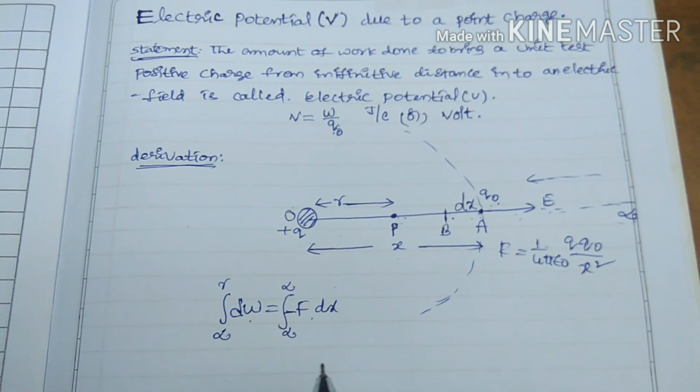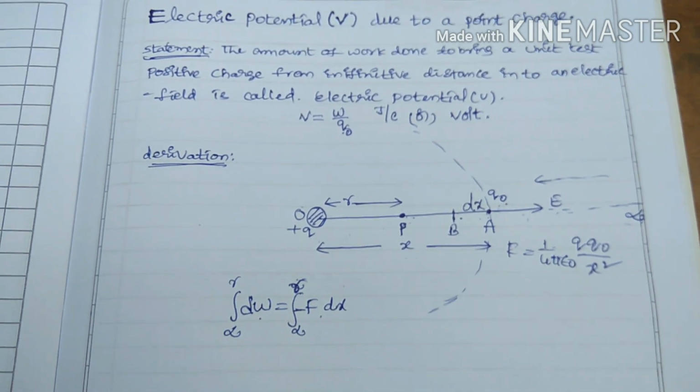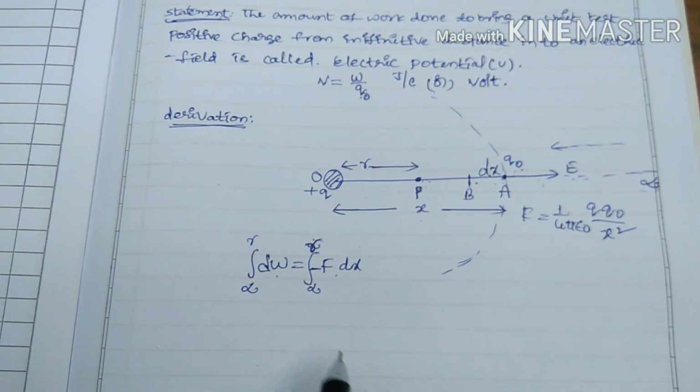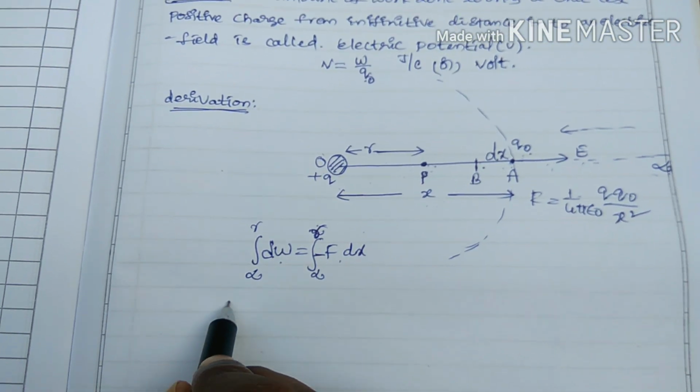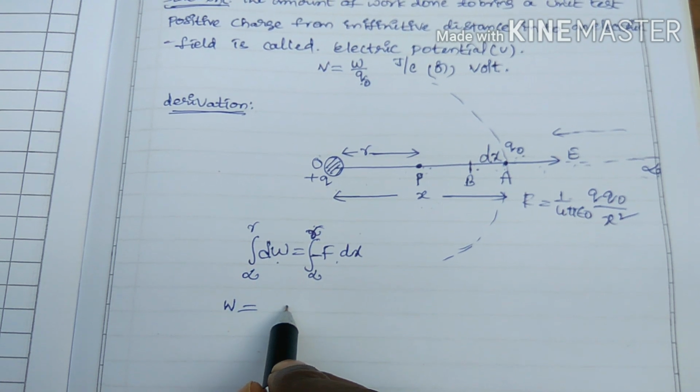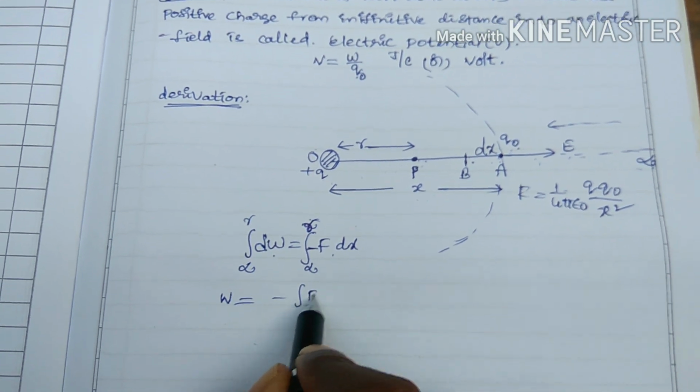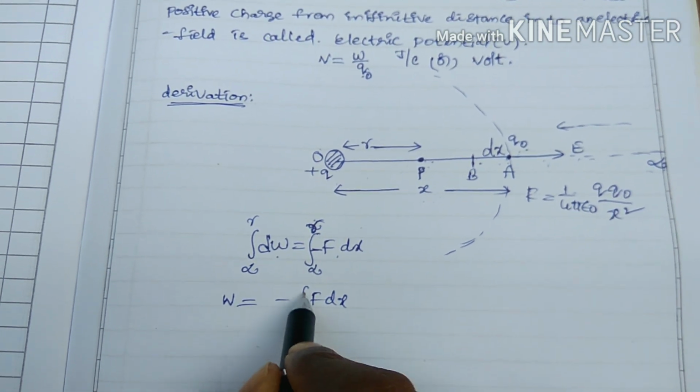The work done on the unit test charge should be given as electric potential. So write down the capital W: minus integral of F dx from infinity to r.